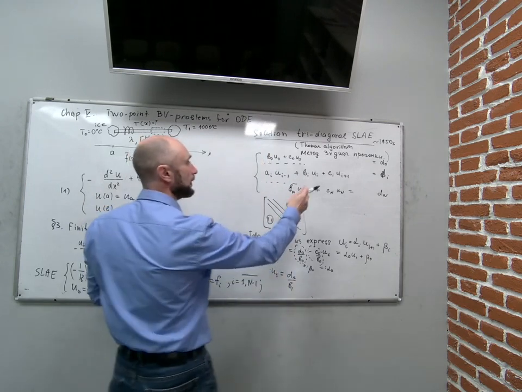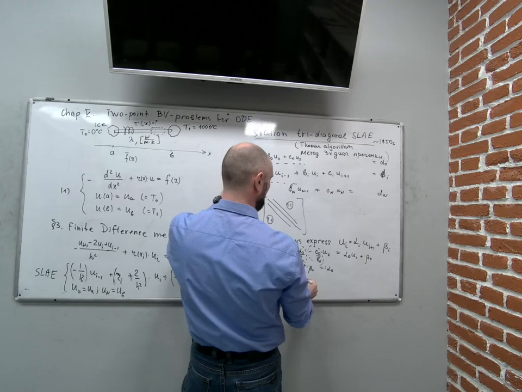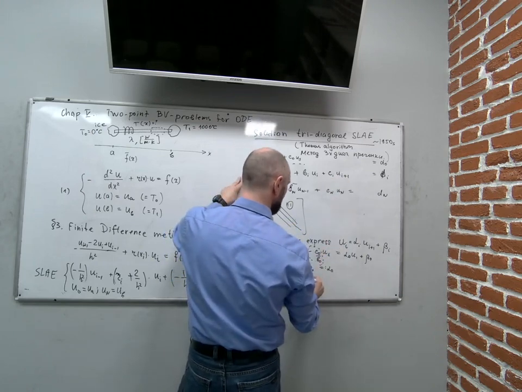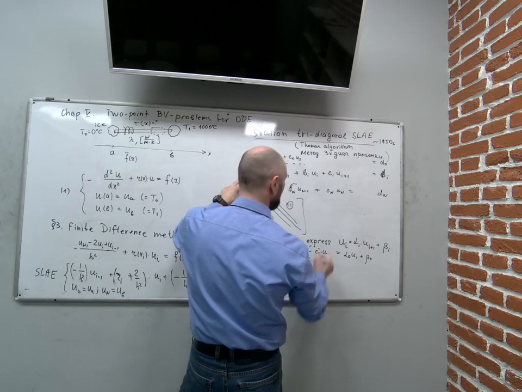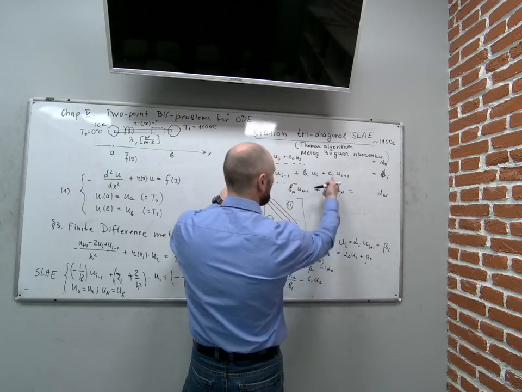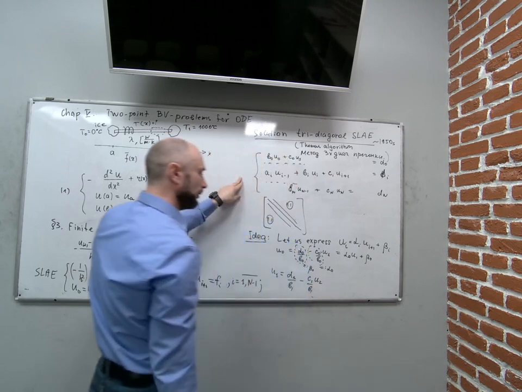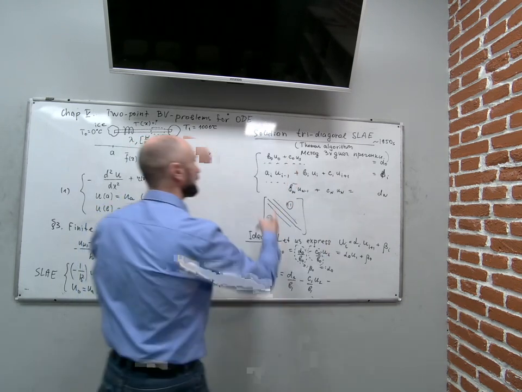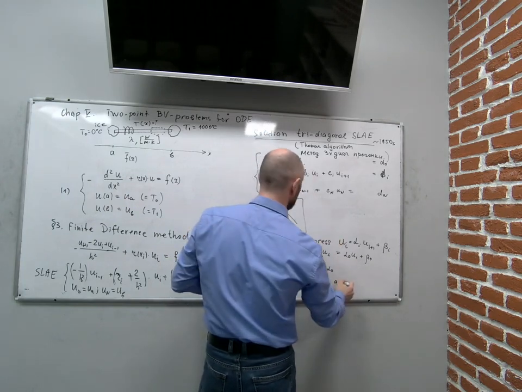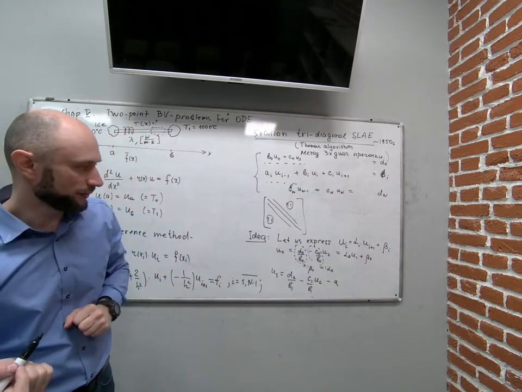What's next? We have minus c1 u2 divided by b1. Okay, and also a1 by u0, a1 multiplied by u0, right?